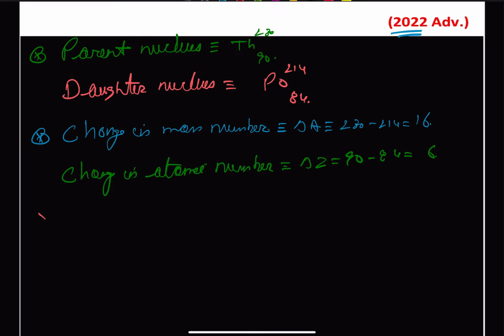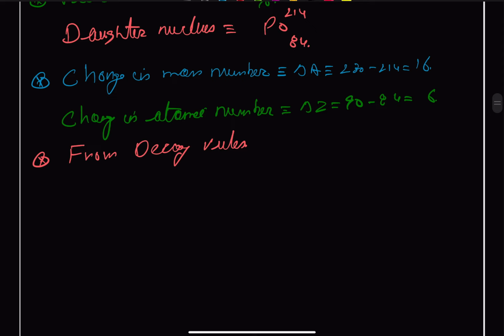So according to the decay rules, for our alpha particle, our mass number A is reduced by 4, and our atomic number Z is reduced by 2.